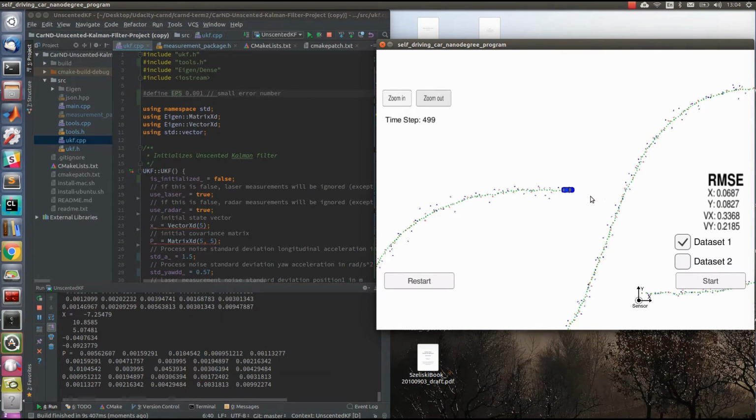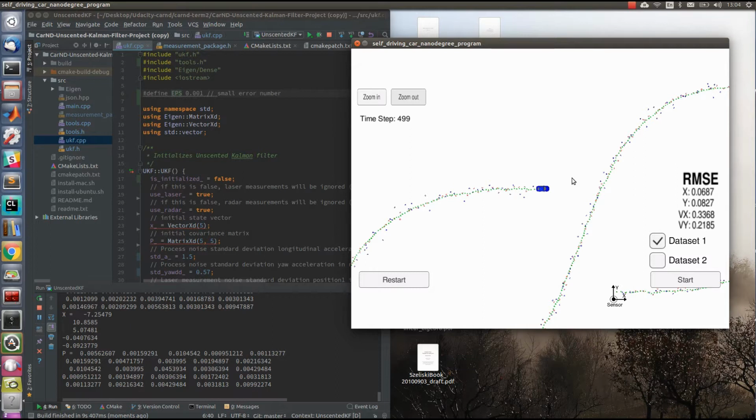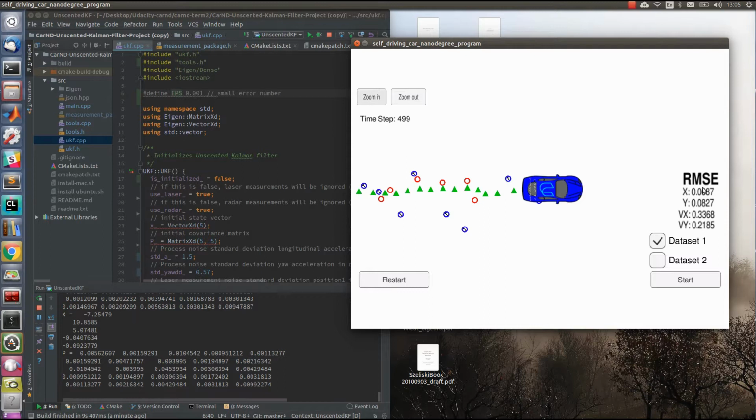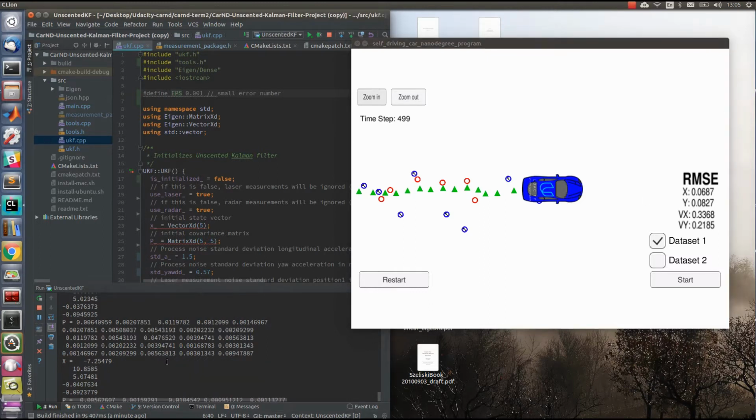We see new circles. This is our estimate. So what happens here? We got measurements from lidar and radar, and we use UKF in order to get these green dots. This is the estimate of our trajectory. Not only that, but here RMSE, the root mean square error, is calculated, and as we see, the root mean square error has small values. This means that our filter converges and our estimates are reasonable.